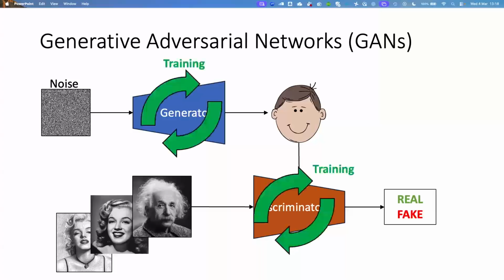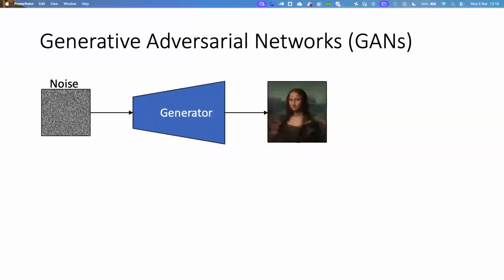And you train these simultaneously with various loss functions so that the generator is getting better and better at generating these plausible images, and the discriminator is simultaneously getting better and better at discriminating between the real and the fake data. So in the end, you hope that you have a generator that is super good at generating plausible images of whatever it is you're trying to do, and with some kind of input, you can then produce new data, in this case, images of faces, which are plausible.